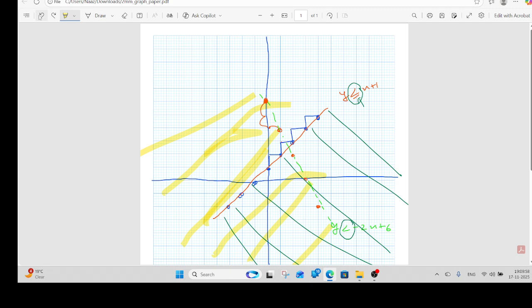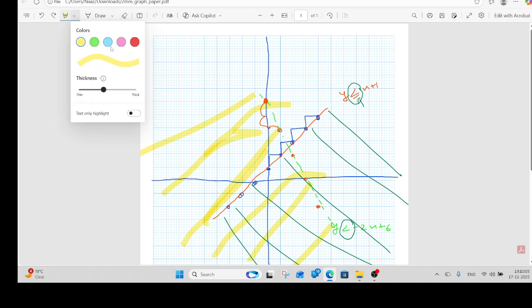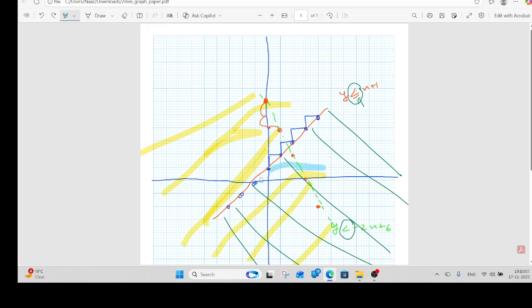Now I need to check the region where both are overlapping. Let's see where they both are overlapping. If you see, for this region, they both are overlapping, right? So this is the region where they both are overlapping. So basically, this is going to be my answer, right?